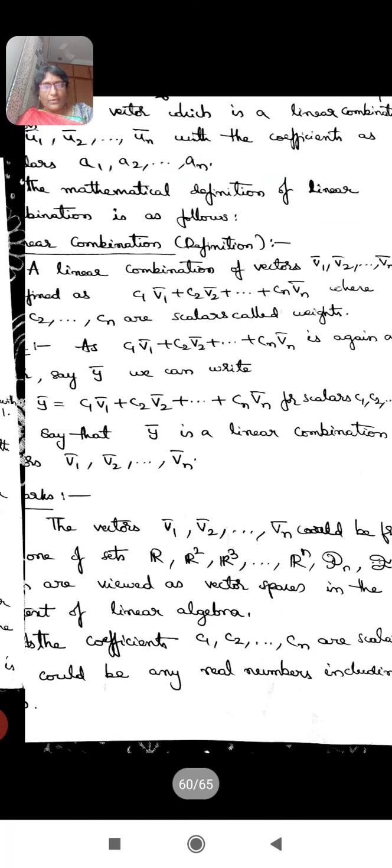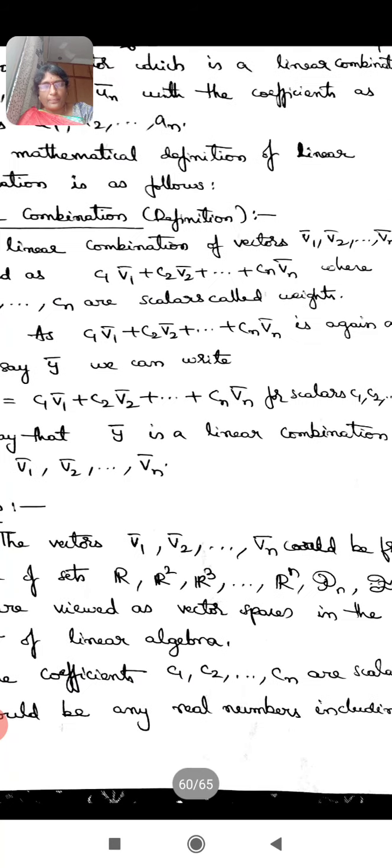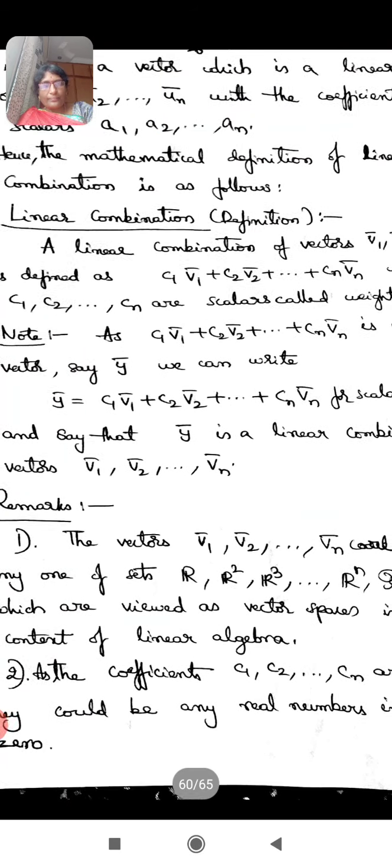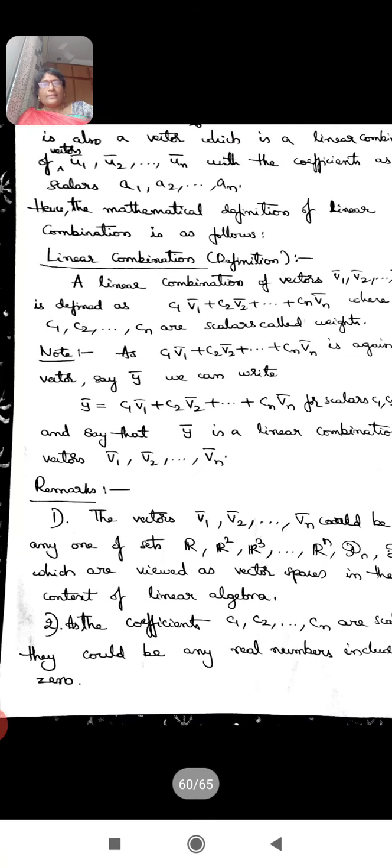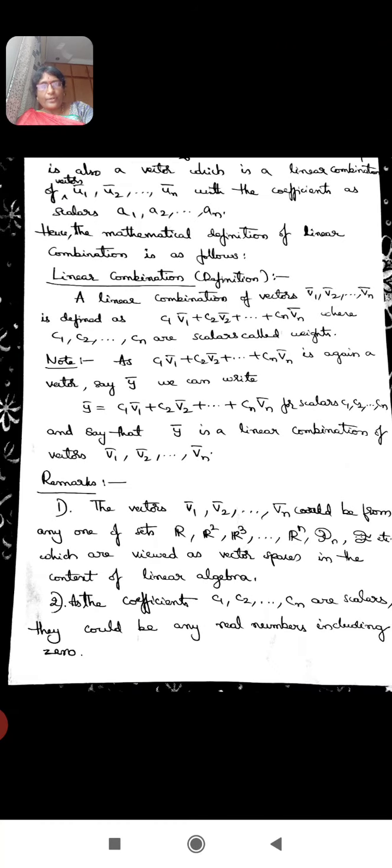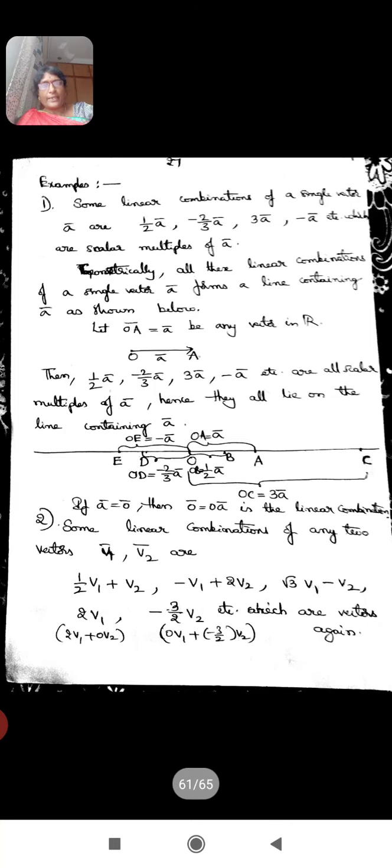So the vectors will belong to any of these sets. Whereas the coefficients c1, c2, so on cn are taken from the set R, that is, from the set of real numbers. All the scalars are nothing but real numbers.